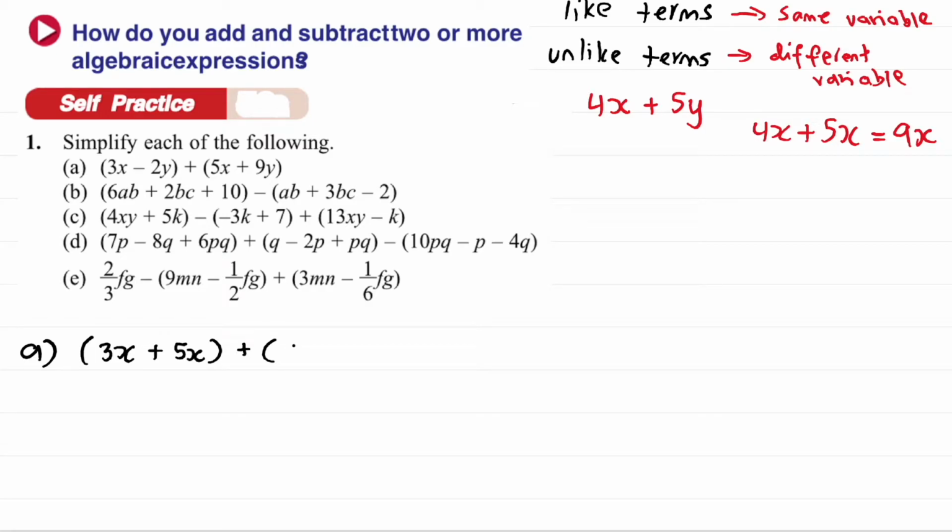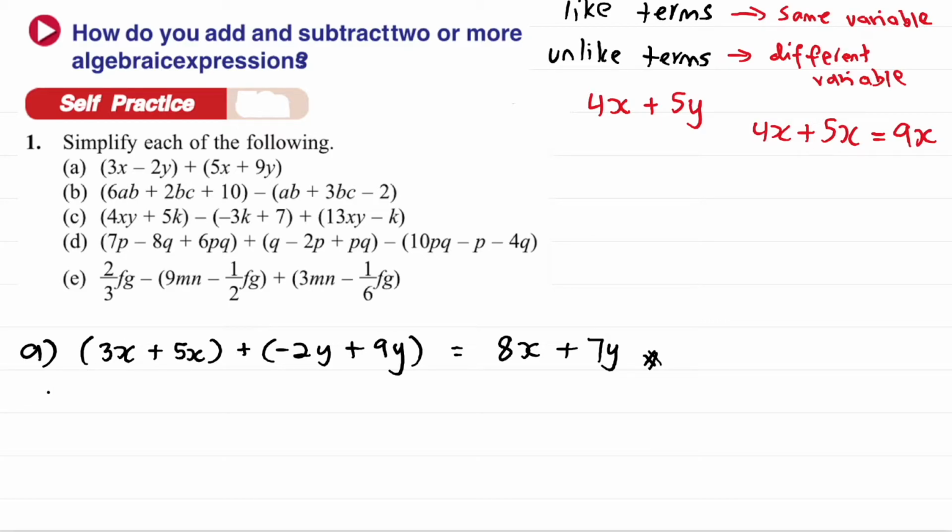Jangan tinggalkan negatif dekat depan tu, because negatif tu dia punya simbol. So of course you kena bawa sekali. Okay, so dah macam ni, senanglah kamu nak tambah dia. So kamu akan dapat 8x minus 2y plus 5y is plus 3y, and that's your final answer. Macam tu je.